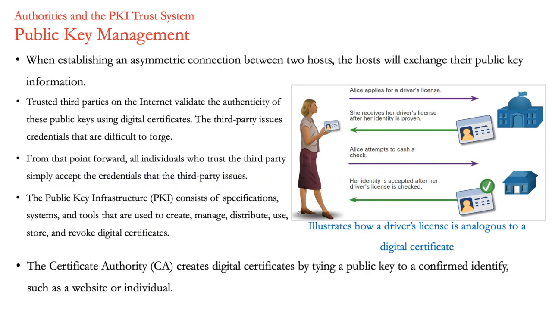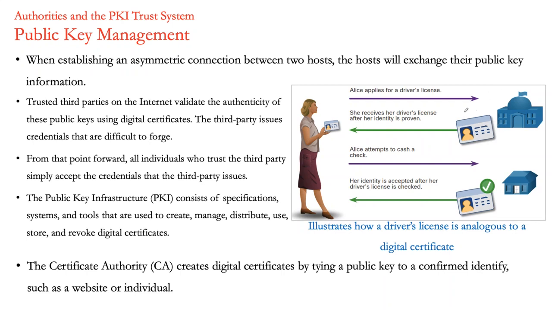So how will it be exchanged? If you see the analogy of the driver's license, first the applicant, Alice, applies for the driving license to the authority or agency which gives the driving license.